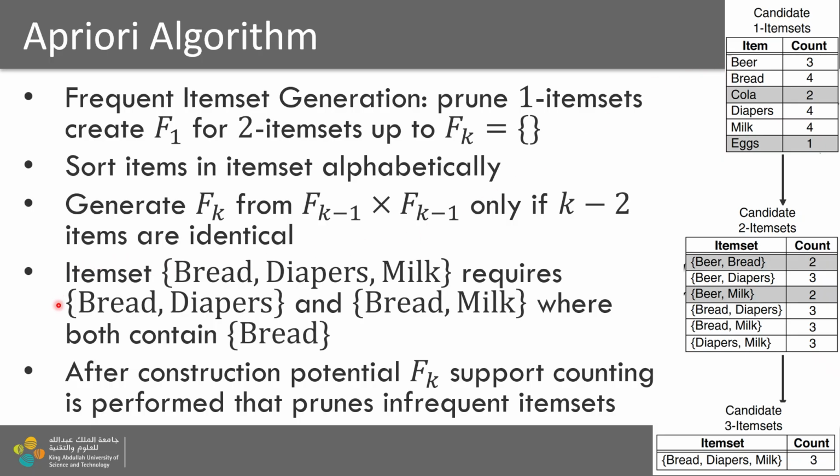So with this, we are finished, and during this generation of the frequent k-item sets, we always perform the support counting so that we can perform the pruning of the infrequent item sets. With this, we have finished one part of the Apriori algorithm, which is the frequent item set generation.